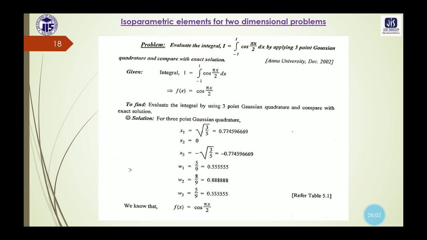So that means fx is cos pi x by 2. Now we need to evaluate the integral by using the 3-point Gaussian quadrature, and we need to compare with the exact solution.